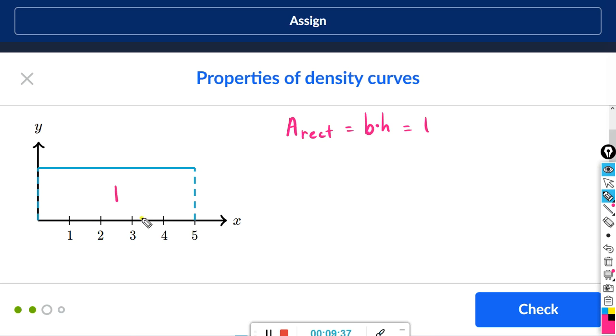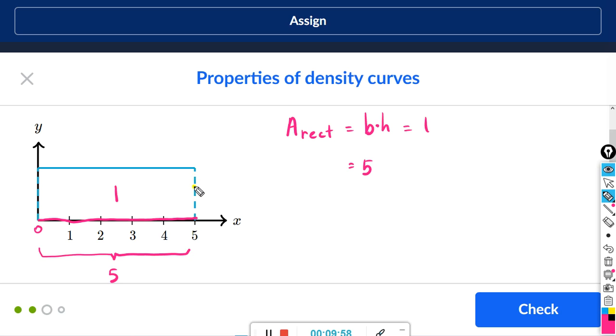So our base of the rectangle runs from 0 to 5, and the distance from 0 to 5 is just 5 minus 0, which is 5. So for the base, we have 5.